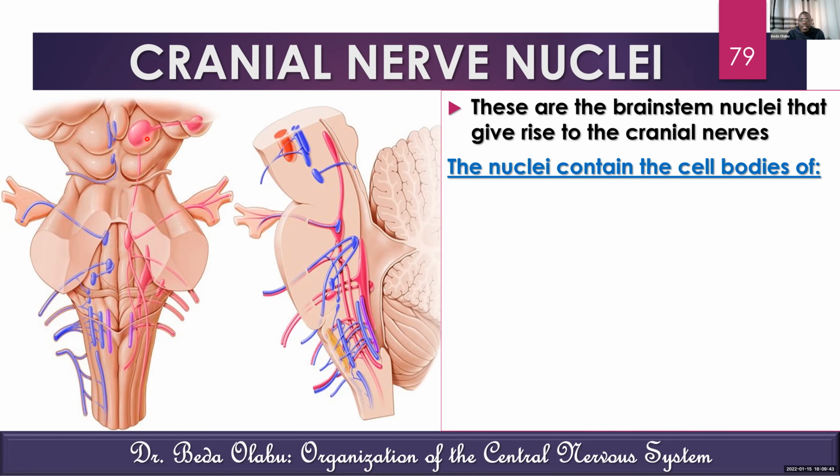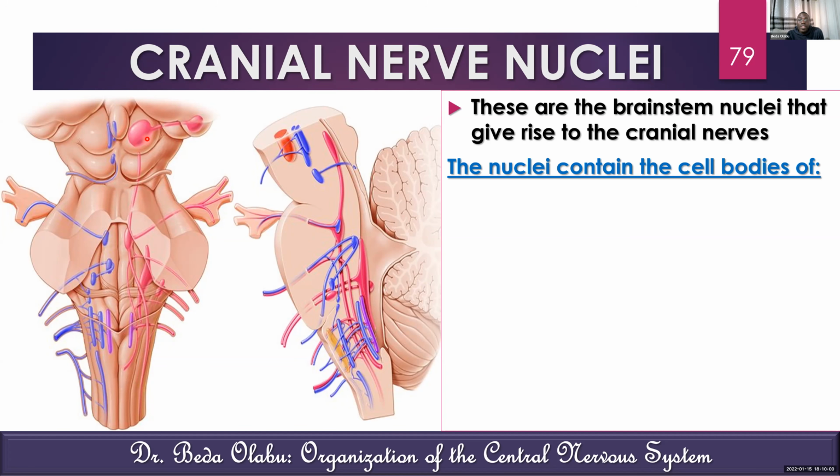Now, understand that these nuclei can contain different categories of cell bodies. We agreed in our earlier classes that a nucleus is a collection of neuronal cell bodies within the central nervous system.